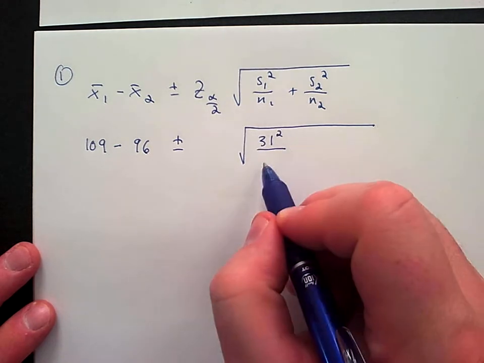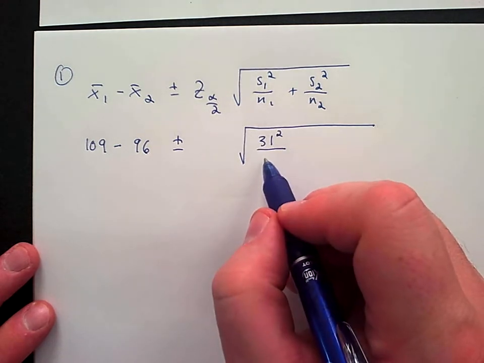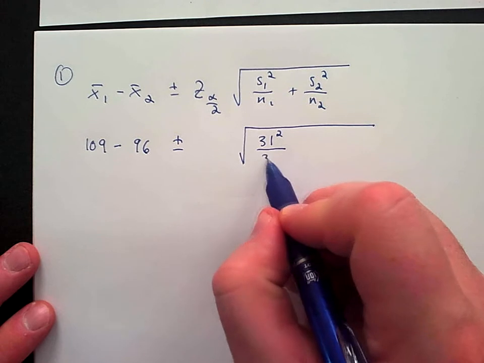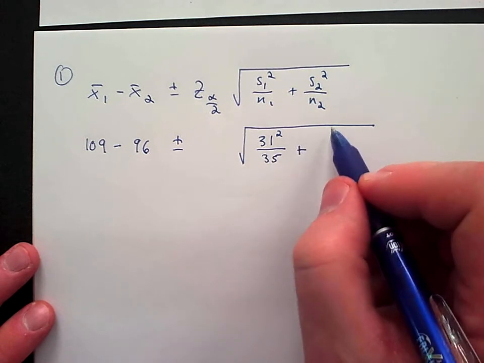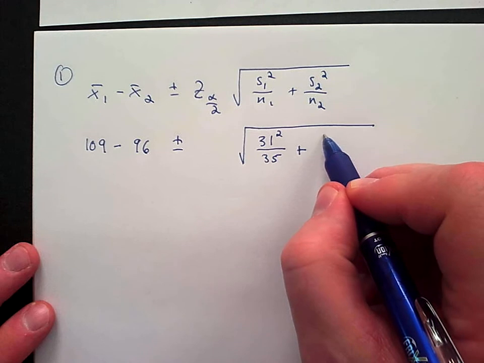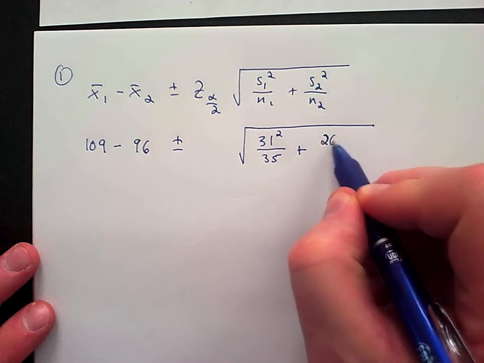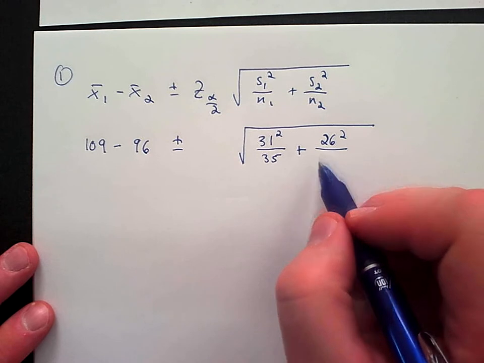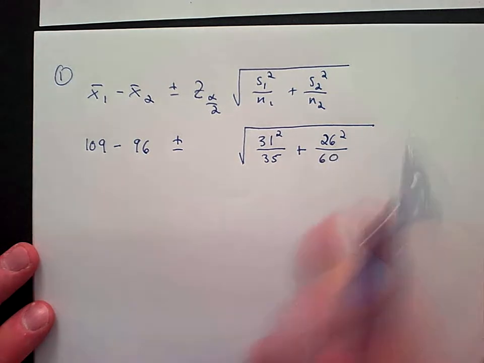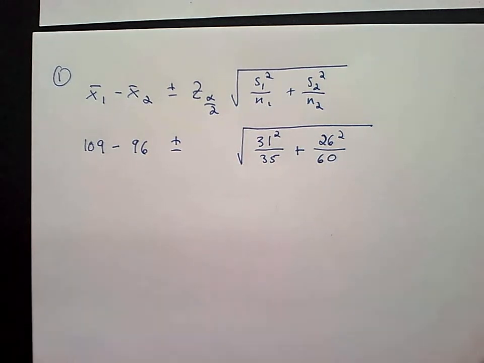It's going to become 31 squared. What is n1? 35. And then s2 squared is? Awesome. And then n2 is? Everybody good with these numbers so far?